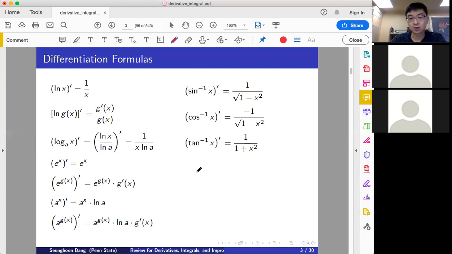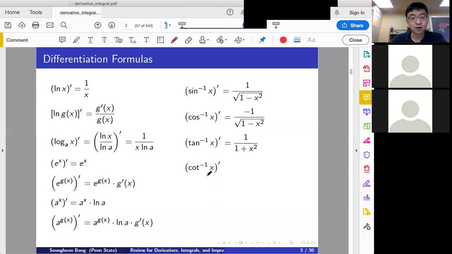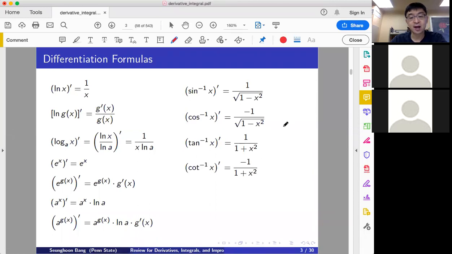Inverse cotangent x prime is negative 1 over 1 plus x squared. Inverse secant x prime is 1 over x times the square root of x squared minus 1. Inverse cosecant x prime is minus 1 over x times the square root of x squared minus 1.